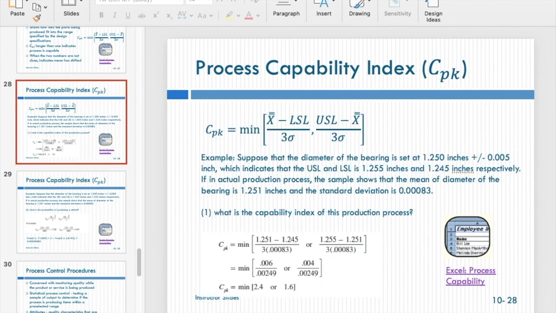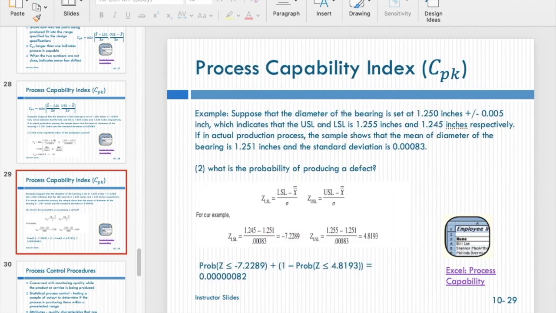It's different from the sequence in the numerator you saw before. When we calculate the z value, you always use the lower specification limit minus x double bar, or the upper specification limit minus x double bar, divided by sigma. So this is the z value.